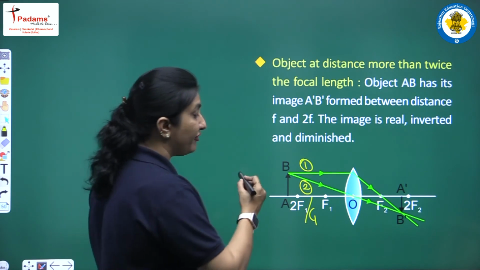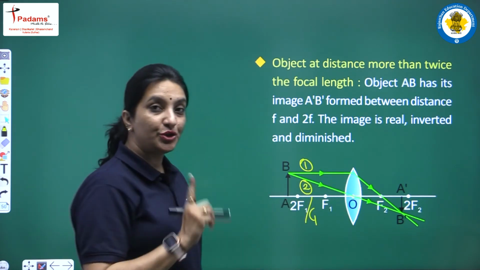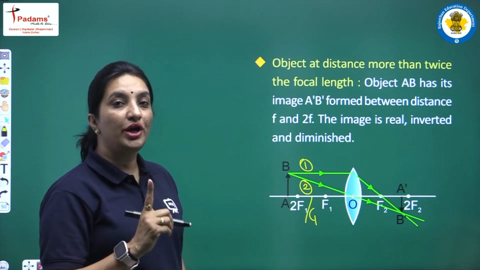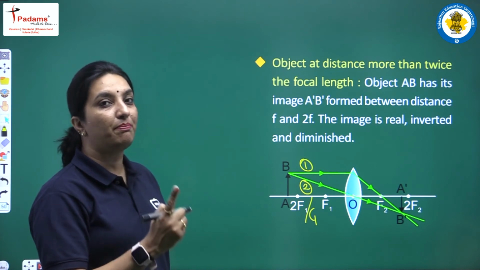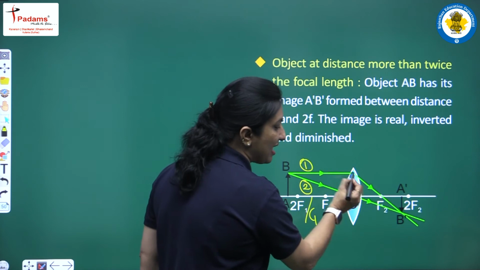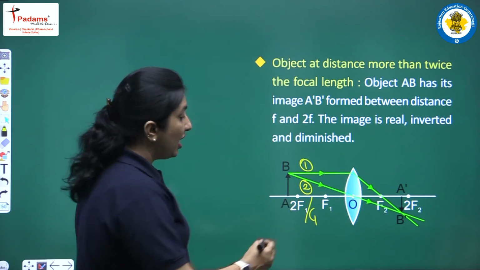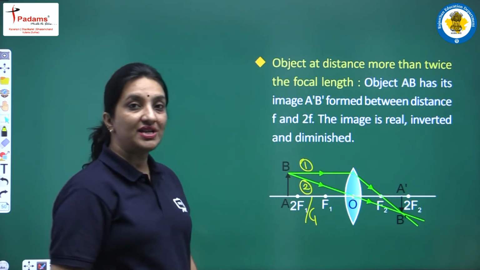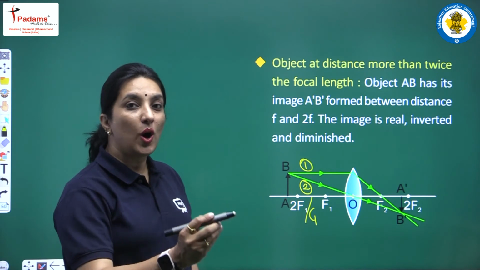I have taken the first ray coming parallel to the principal axis, and as we know, all the rays which are going to come parallel to the principal axis after refraction will pass through the second principal focus. So this ray of light after refraction passes through the second principal focus. Now the second ray of light, I have taken the light ray which is incident through the optical center.